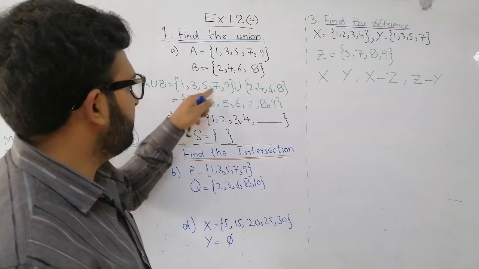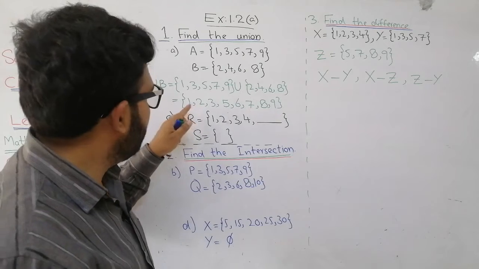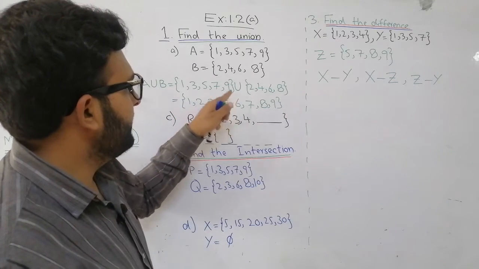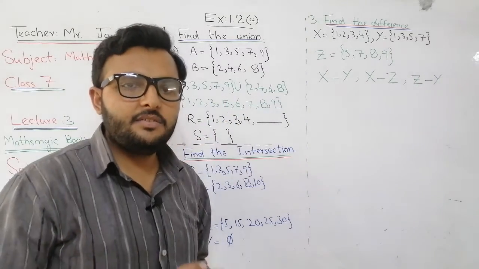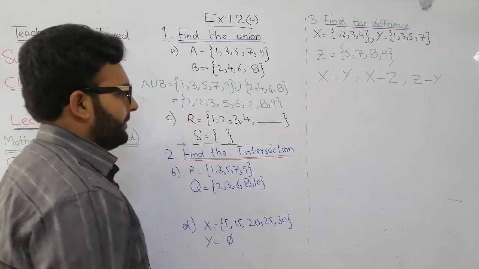Don't write 1 3 5 7 and then 2 4 6 8. We will write in ordered form: 1 2 3 4 5 6 7 8 9. After combining these two sets, we get the union. Hope you understand.